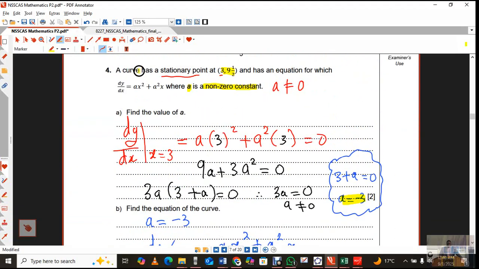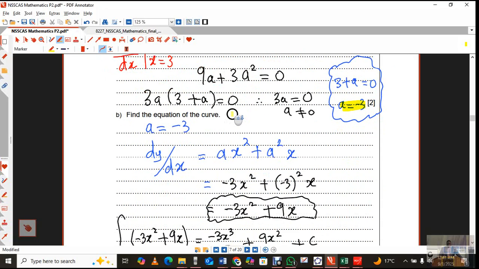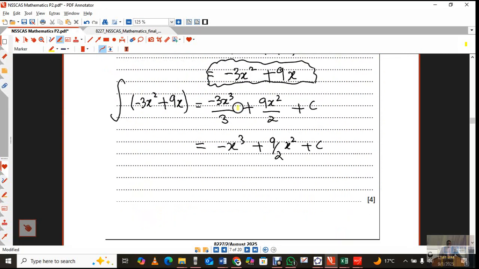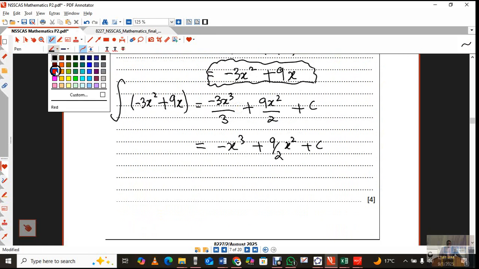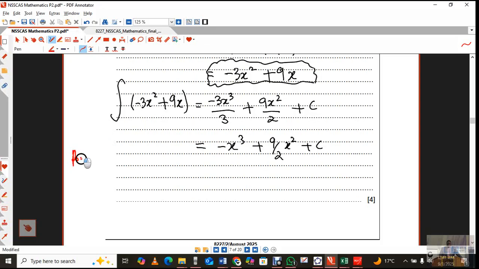They are saying a curve has a stationary point. So that's the stationary point, but it's on the curve. So I'm going to use that point to substitute it in. The point that I'm given is (3, 9.5), if I'm not mistaken. Yes.